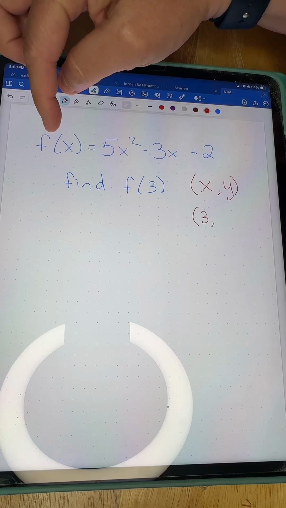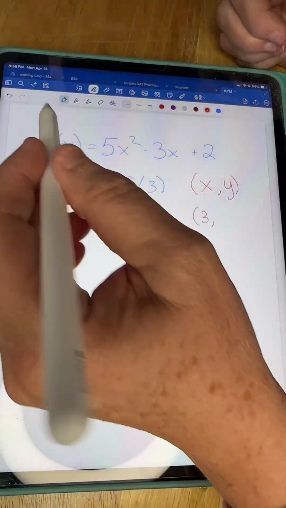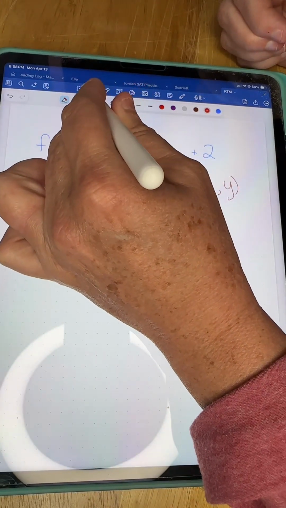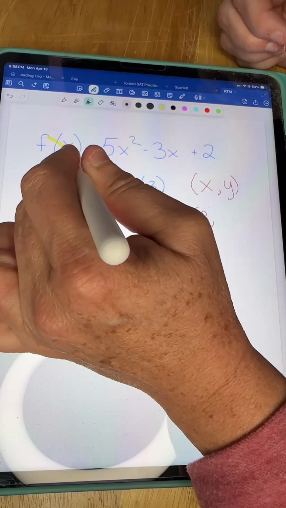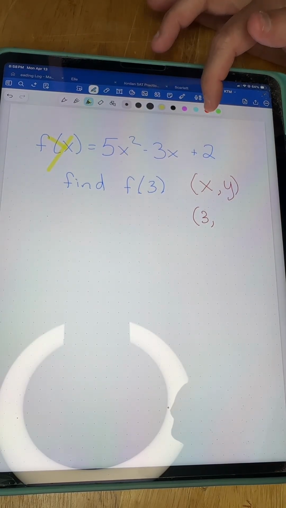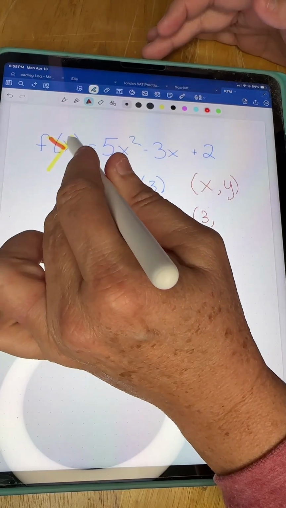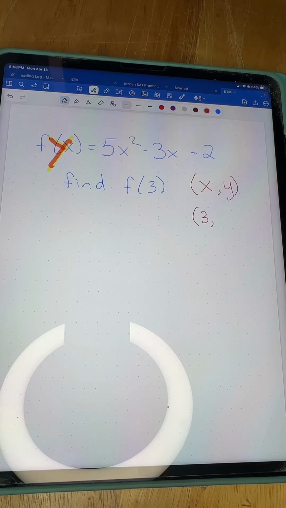Now, remember I said on the previous screen that f of x is a fancy way of saying y. So I'm going to put a y there, in a different color, because I want you to remember that f of x is just a fancy way of saying y.